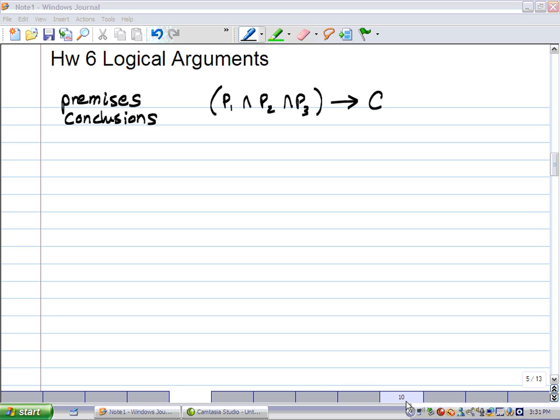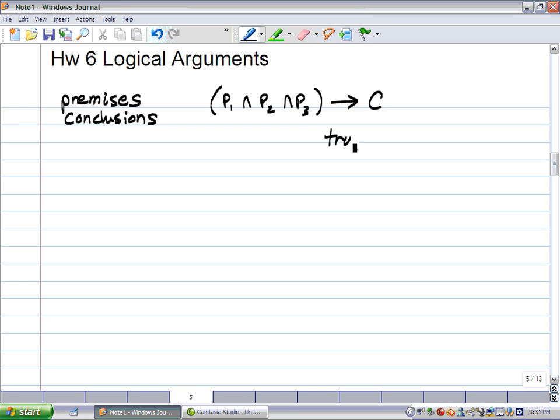Okay. So when we do a truth table, 3 things can happen. We can have all falses, which is called a contradiction. In that case, it would be impossible for all the premises to be true at the same time as the conclusion.